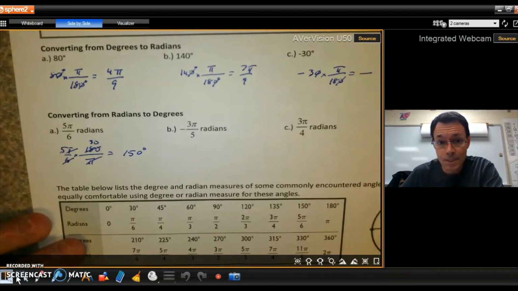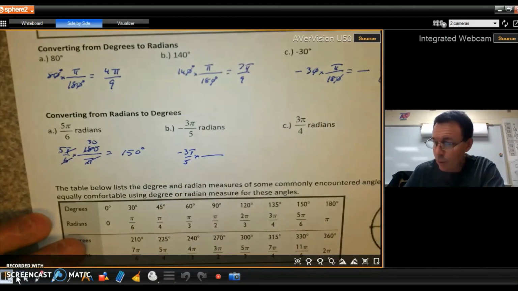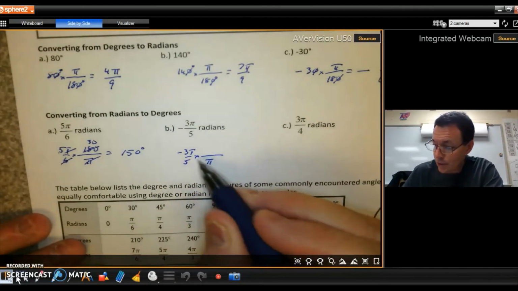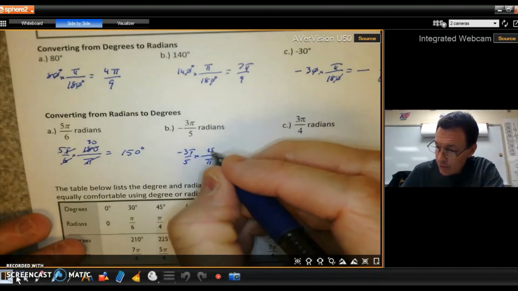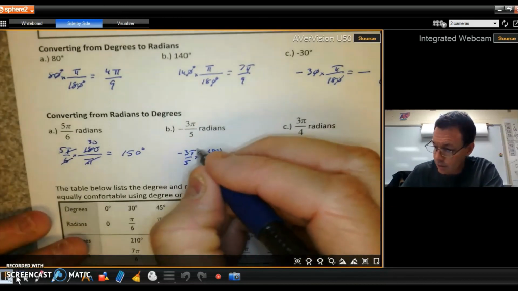That's it. Okay, negative 3 pi over 5. I want my pi to disappear, so I need to put a pi symbol down here. These are now going to cross reduce, cross cancel. I'm also going to have 180 there. That's the fraction that's going to convert this for me.